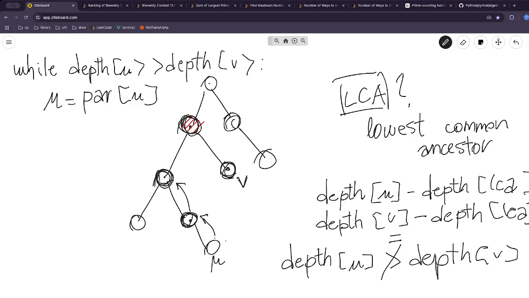But okay. So why do we put them in the same depth?